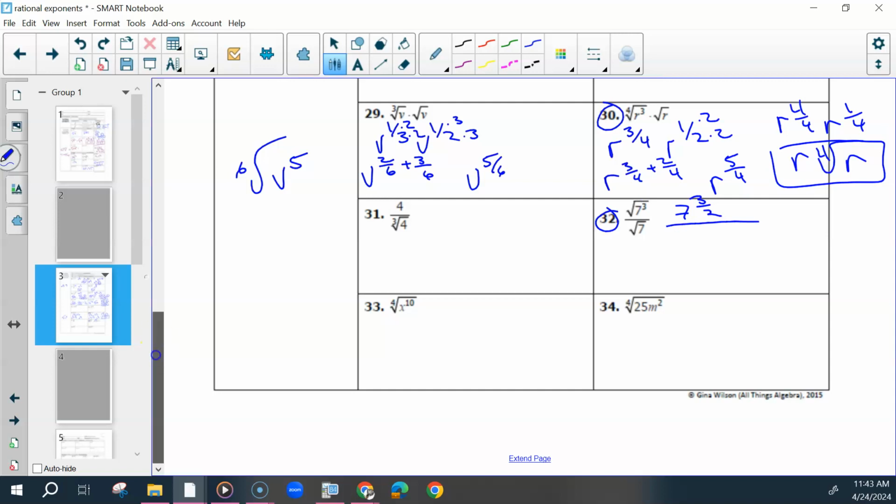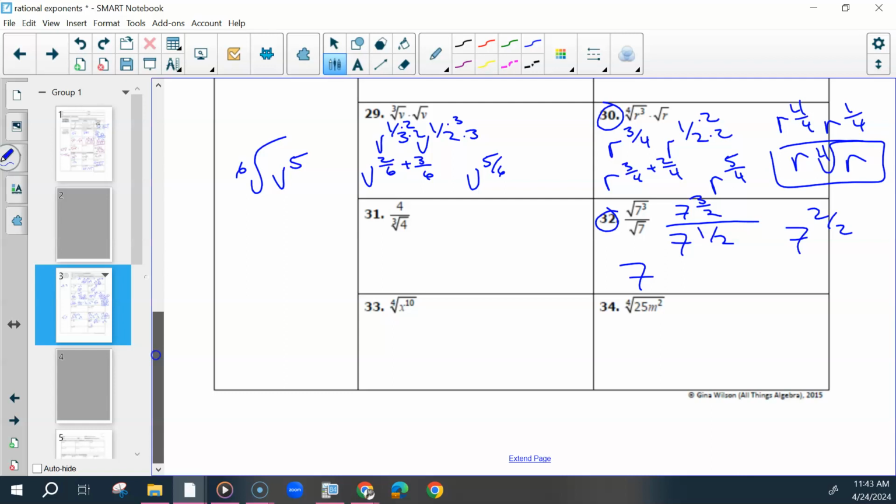All right, what about the square root of 7? 7 to the 1/2. Got it that time. We are dividing like bases, so we're doing what with the exponents? Subtraction. And that's just 2 over 2, which is 1, which just means the answer is just 7, because 3 minus 1 will be 2, and 2 over 2 is 1.